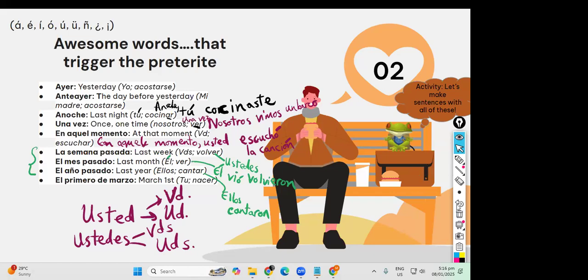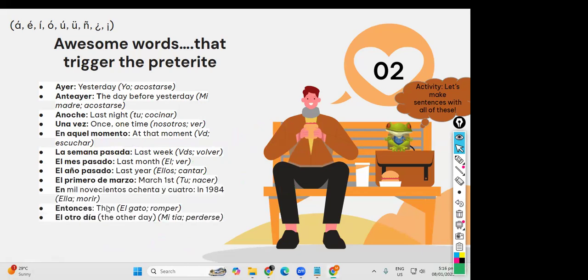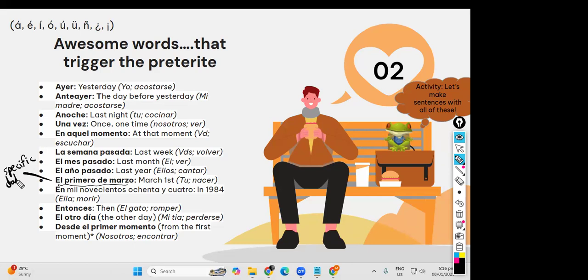Just cut this away and let's do the others. So we have... right. So the point of this "El primero de marzo" is not that it's March 1st, but that it's a specific date, right? So once it's a specific date, and this thing happened in the past, right? We're not talking about a future event. Then we use preterite, right?